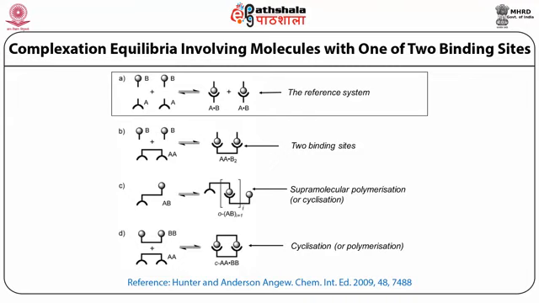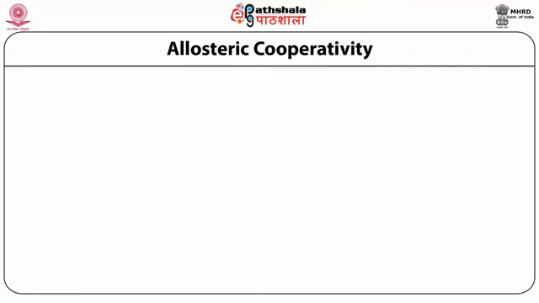Now in case D, the receptor has two binding sites and the ligand also has two donating sites, and that can ideally form a cyclized product. Under some conditions, it may also give some polymerized product. Those scenarios can be understood in a better way when we take up an example.